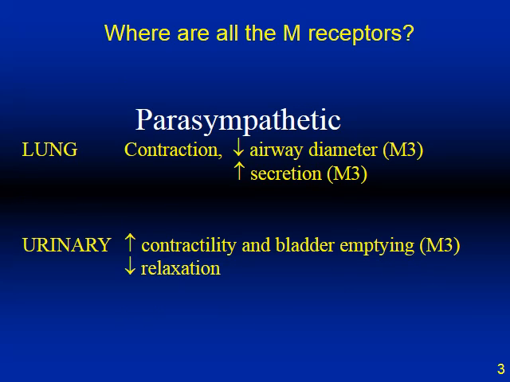If we look at the lung, inhibiting this M3 receptor will prevent contraction. So again, this is written in a way to describe what happens when the receptor is stimulated. But in Chapter 8, which we're going to talk about now, we're looking at what happens when the receptor is blocked. So blocking the M3 receptor will prevent contraction of the bronchi, will prevent secretions from increasing.